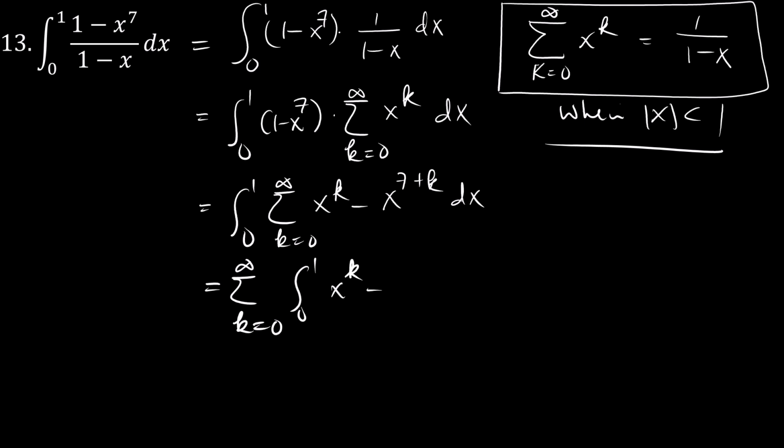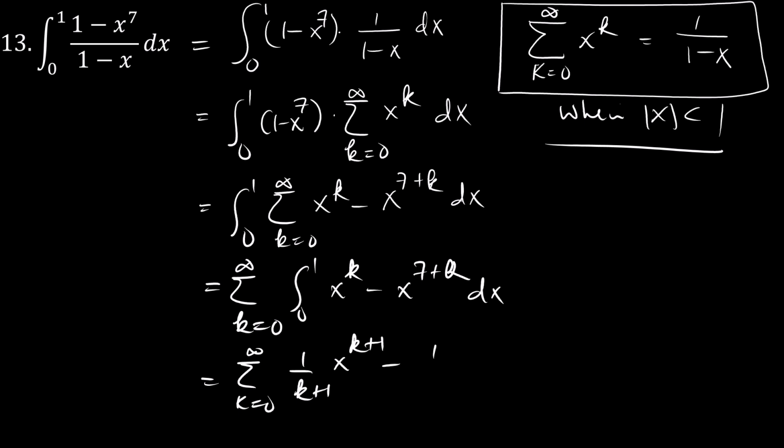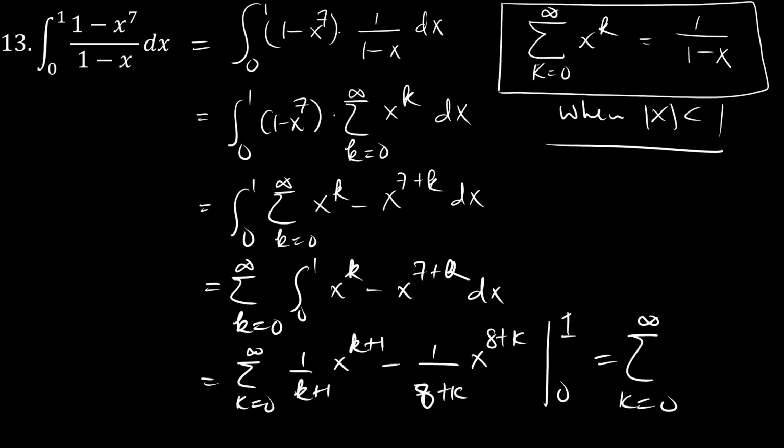So this becomes 1 over k plus 1 x to the k plus 1 minus 1 over 8 plus k, from 0 to 1, which essentially equals 1 over k plus 1 minus 1 over k plus 8, right?